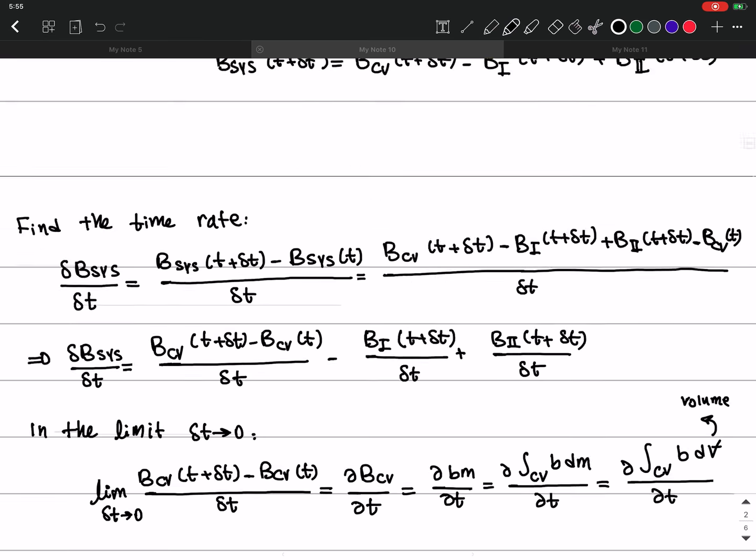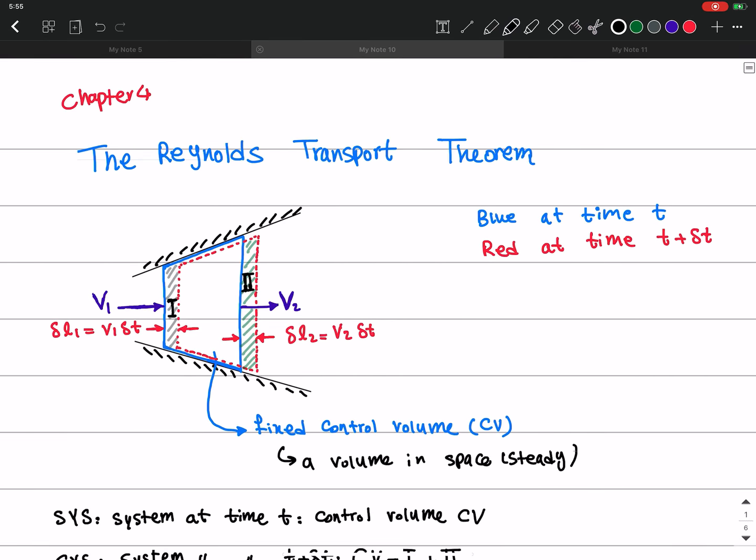And then let's look at this one. This section 2, we call this outflow, and this 1, we call this inflow.